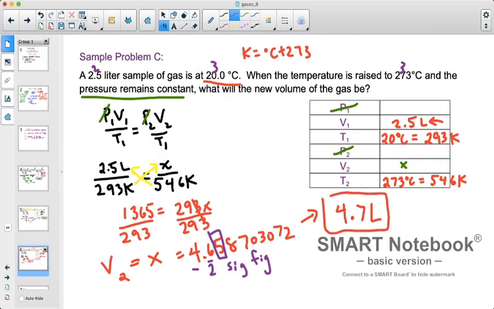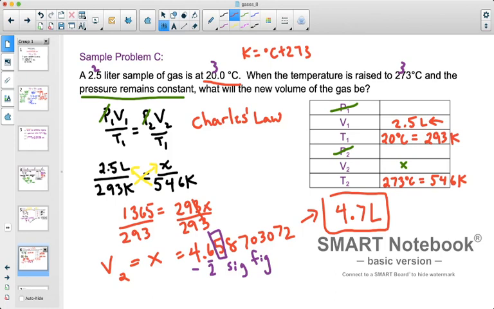Okay. Now I want you to also recognize that since we simplified the formula, this is Charles' law. And we know that Charles' law is a direct relationship. So just to make sure, if you want to make sure that it's worked, I see that temperature increased, which means that my volume should also increase as well, and it did.